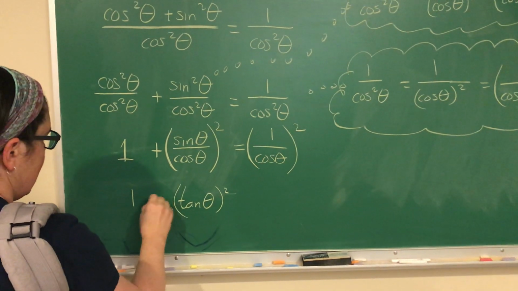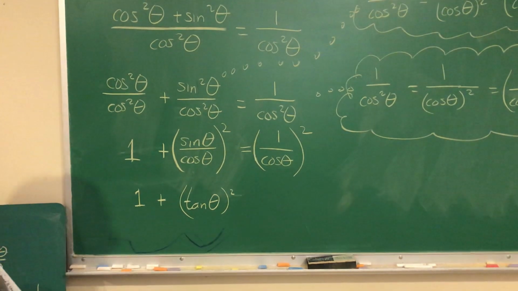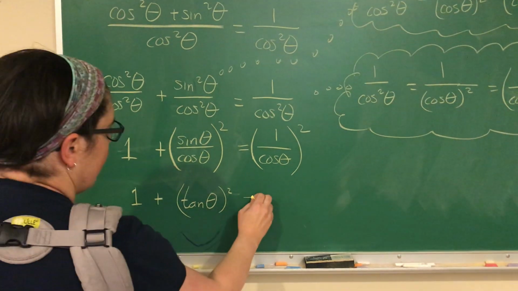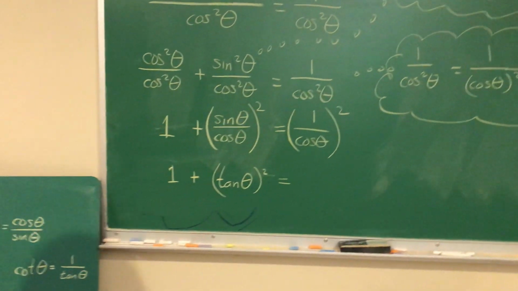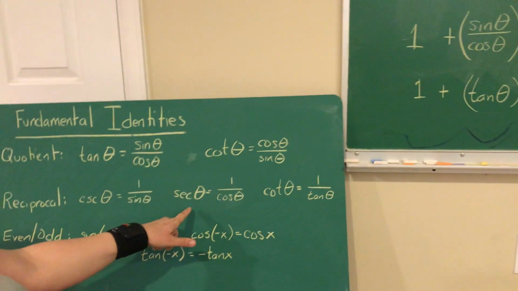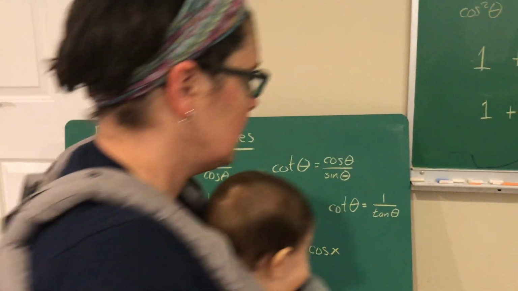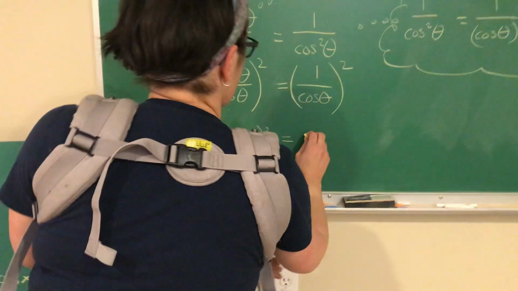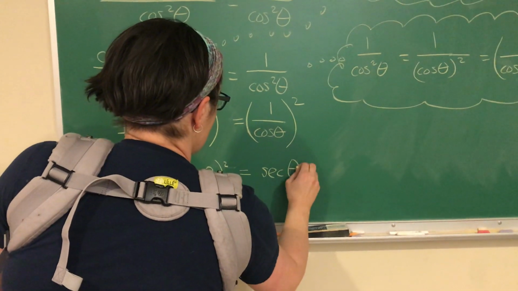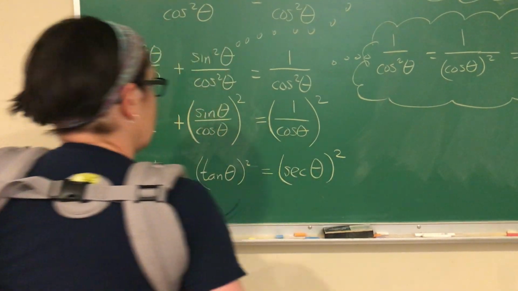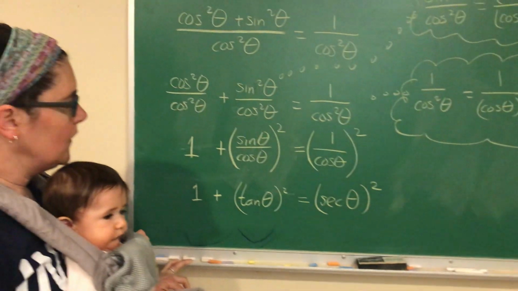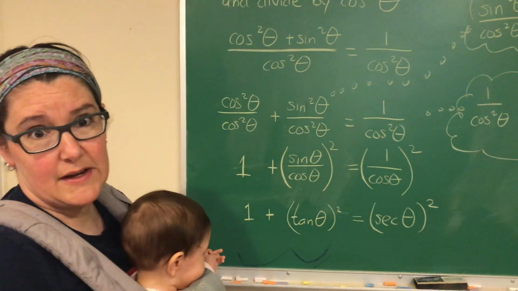So on the left side, I have 1 plus tangent of theta squared. And 1 over cosine theta, oh, that's the same as secant theta. So 1 over cosine of theta squared is the same as secant of theta squared. So this is our second Pythagorean identity.